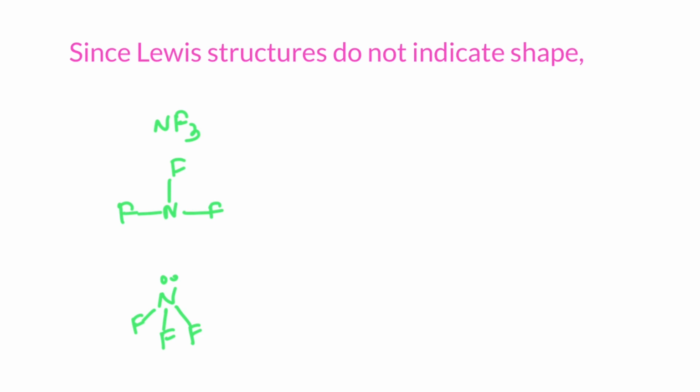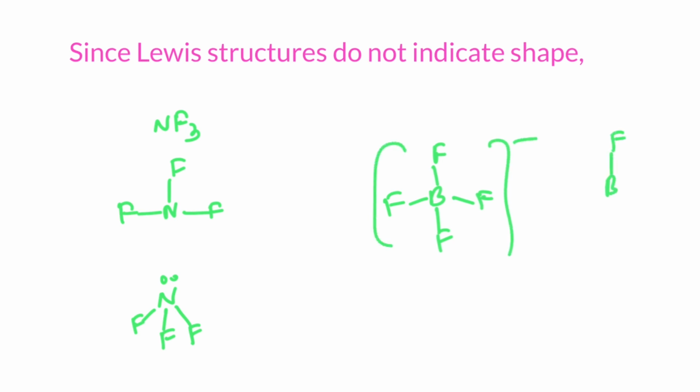Now in BF4, 1, 2, 3, 4. Otherwise, I can write it like this also: B, F, F, F, F, whole minus. So it does not describe the shape of the molecule. It explains how to draw a Lewis structure between the central atom and surrounding atoms, that much only.